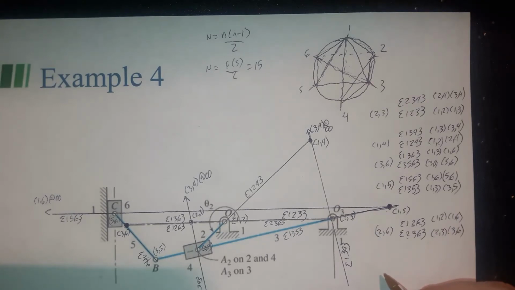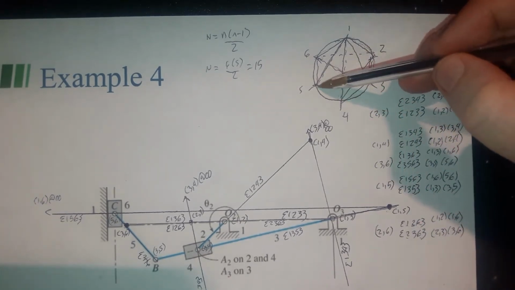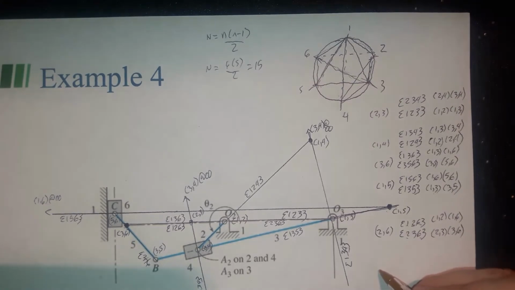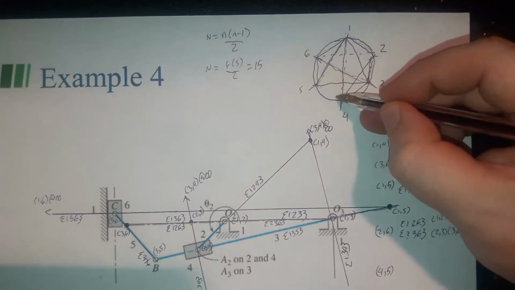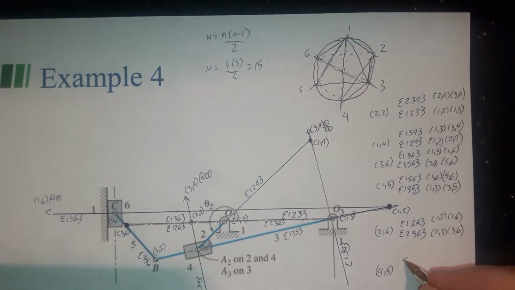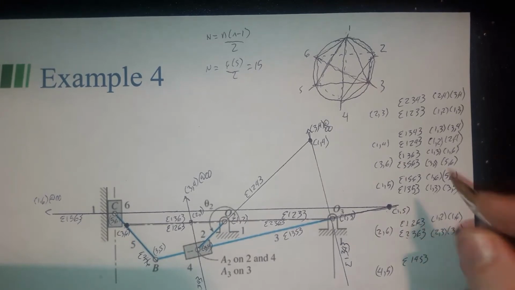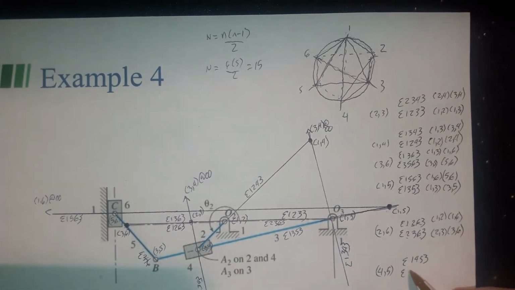Which one can I try next? 4, 5 right here. That one's a little harder to see, but I've got a triangle right here, so I can do line 1, 4, 5, and I can also do 3, 4, 5. Okay, and so I already have 1, 5 and 1, 4, and I also already have 3, 4 and 3, 5.